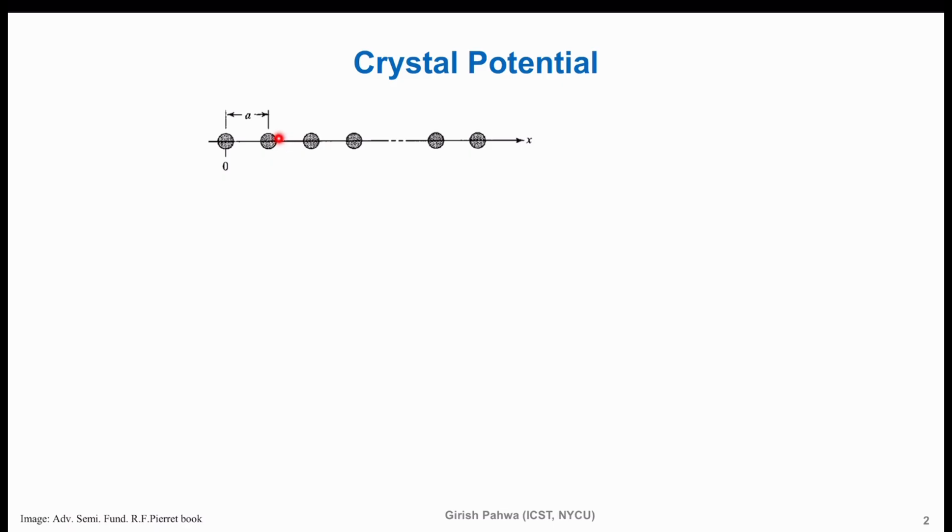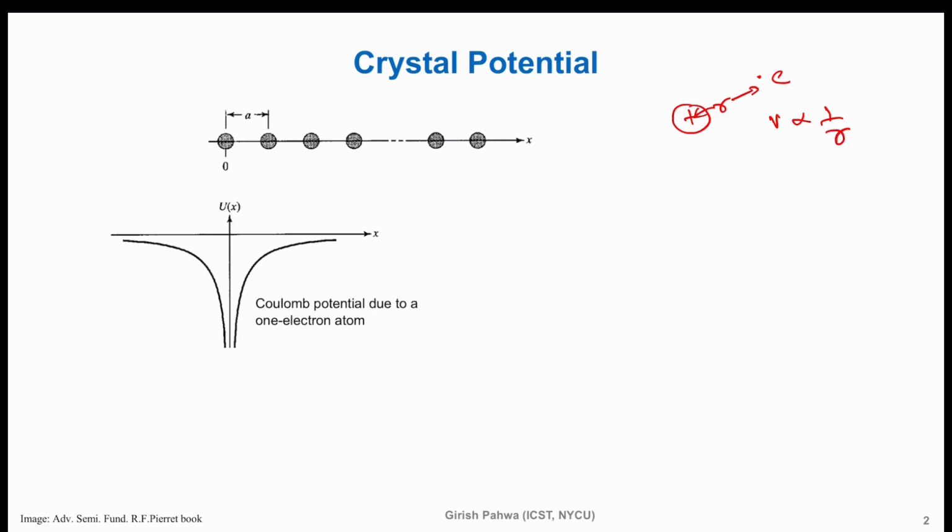You have a positive charge on the nucleus, and then you have the electron. Say the distance between them is r. We know that the potential is inversely proportional to r, the distance. We have seen this. Accordingly, what kind of attractive potential do we get?